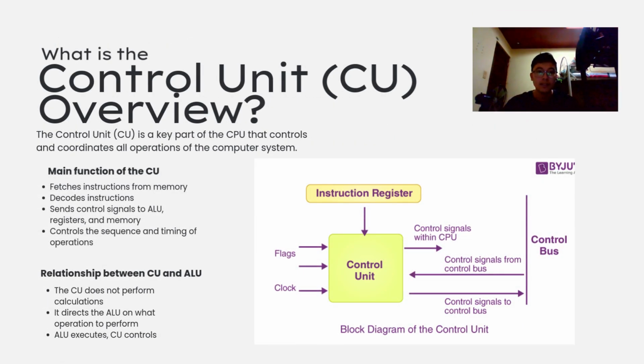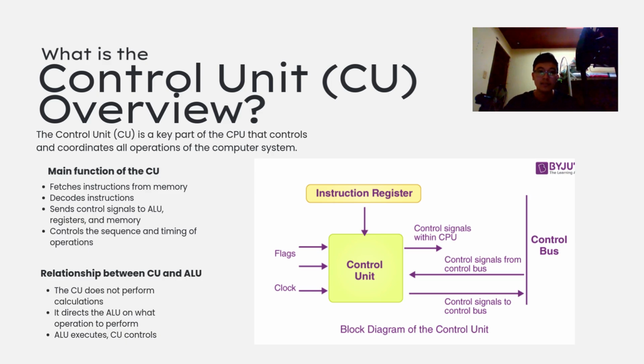So, what is the control unit? The control unit is an important part of the CPU that controls and coordinates all the activities of the computer. Its main functions are to fetch instructions from memory, decode them, and then send control signals to other components like the ALU and memory.